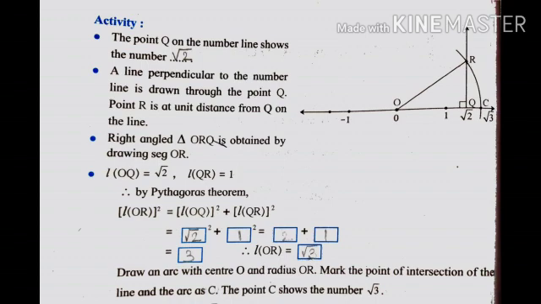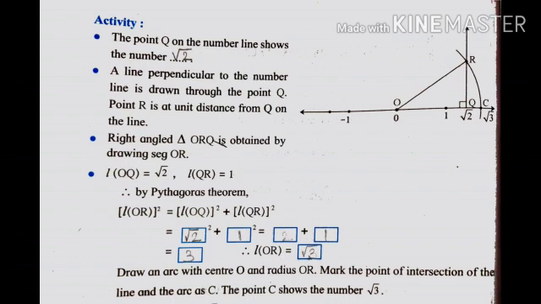By Pythagoras theorem, length of OR square is equal to length of OQ square plus length of QR square. Now let us substitute the values, as the length of OQ is root 2, so there we will write down root 2 the whole square plus 1 square.